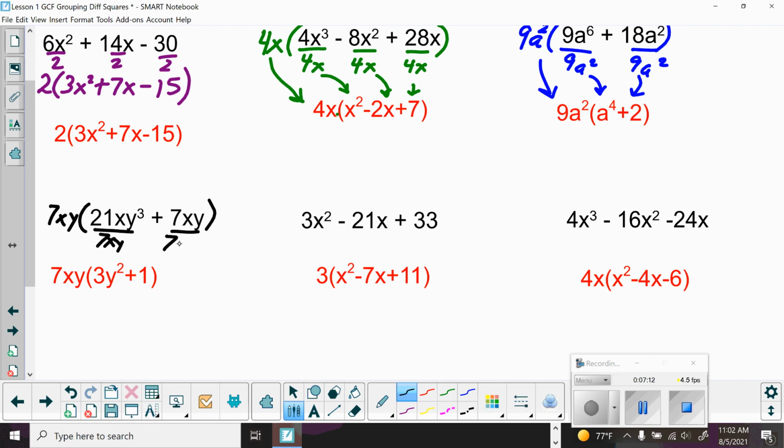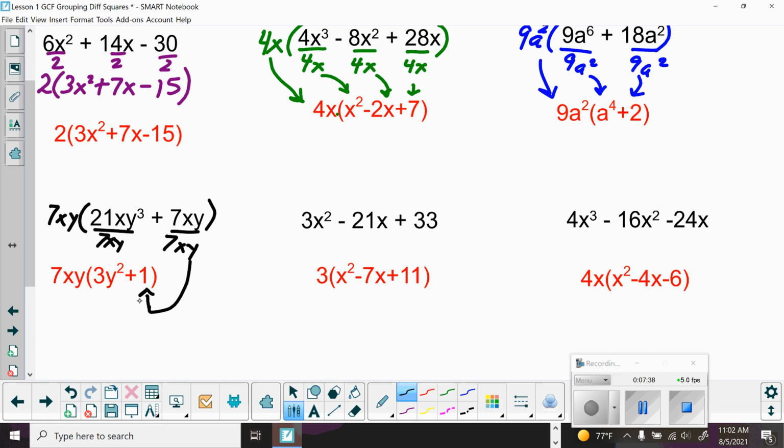And this is something that you want to do when you're taking a test or a quiz, because notice that 21xy cubed, 21 divided by 7 is 3, x divided by x is 1. So I don't write a 1 down because otherwise it would look like 31. Then y cubed divided by y is y squared, plus 7xy divided by 7xy is 1, not 0.